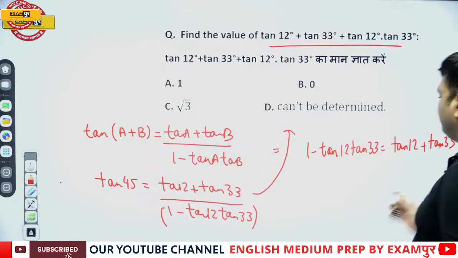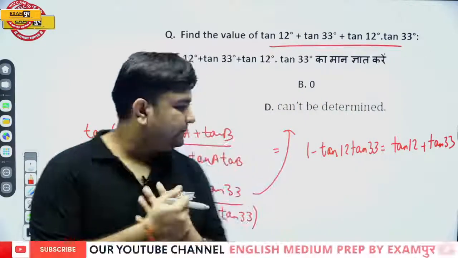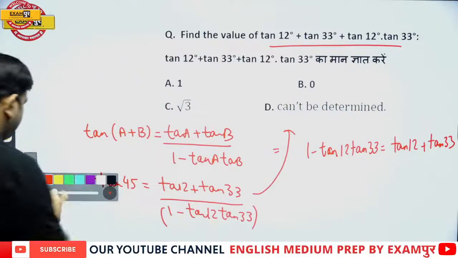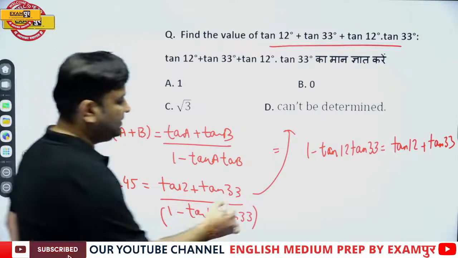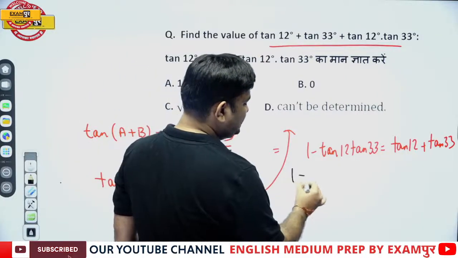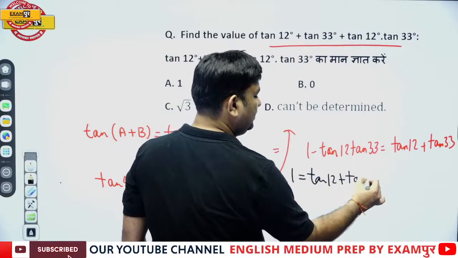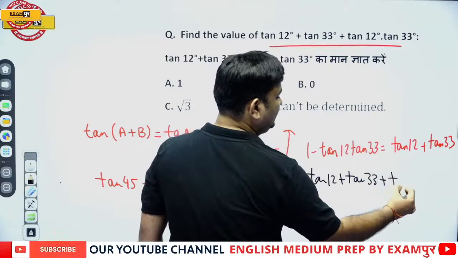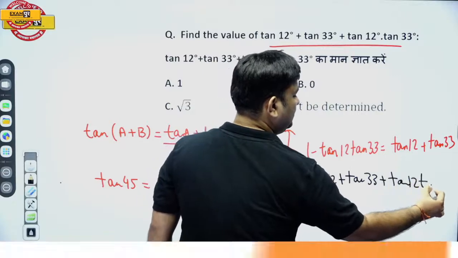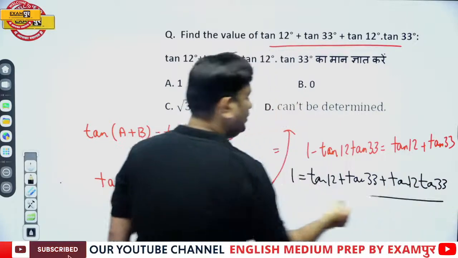Now if you take that over to this side, then tan 12 plus tan 33 plus tan 12 tan 33 is equal to 1.